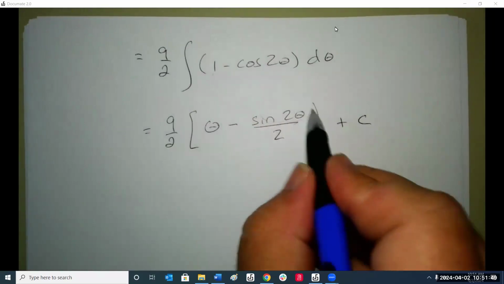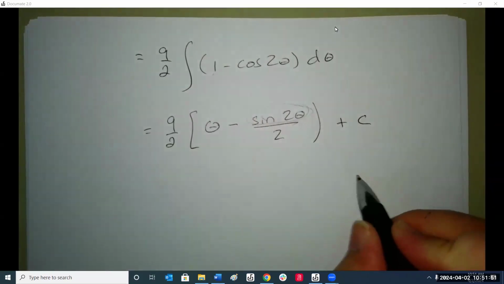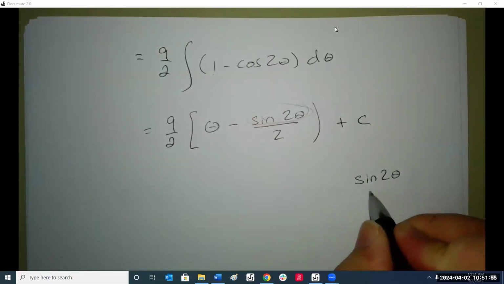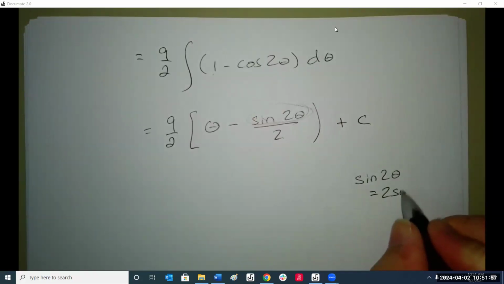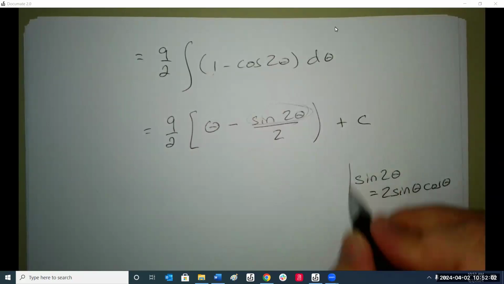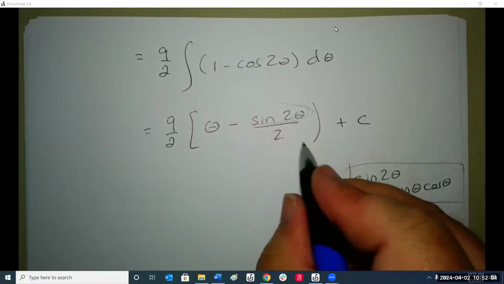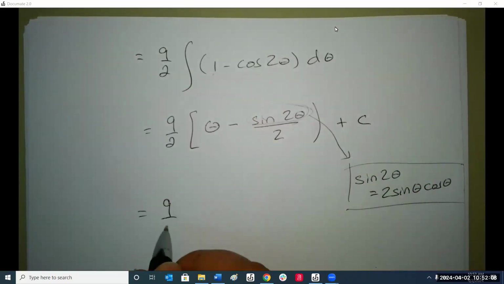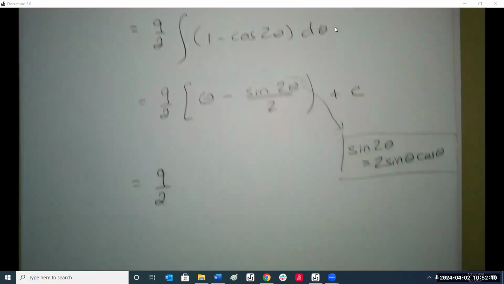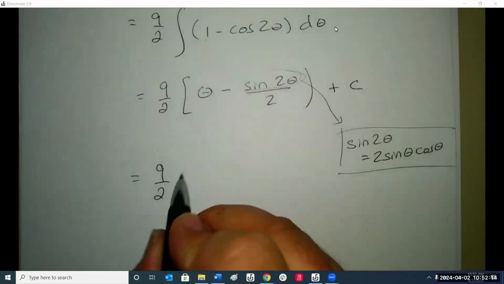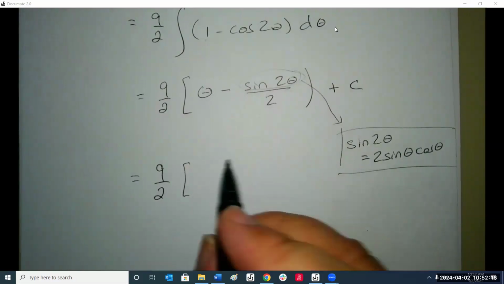We can simplify it by double angles. We know that sine 2 theta is equal to 2 sine theta cosine theta. Because we don't want double angles, and if we can get rid of them and go back to regular angles, we'll do much better.